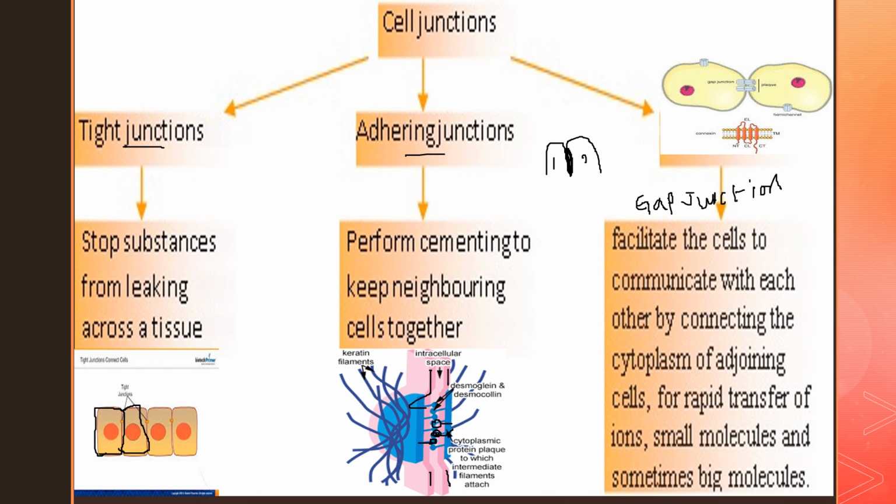Coming to humans, we can see these gap junctions in the cardiac muscle, where there is sharing of information from one cardiac cell to another, so that all the cells undergo contraction as a single unit and then all of them undergo relaxation. This is done by the active sharing of information across all the cells.